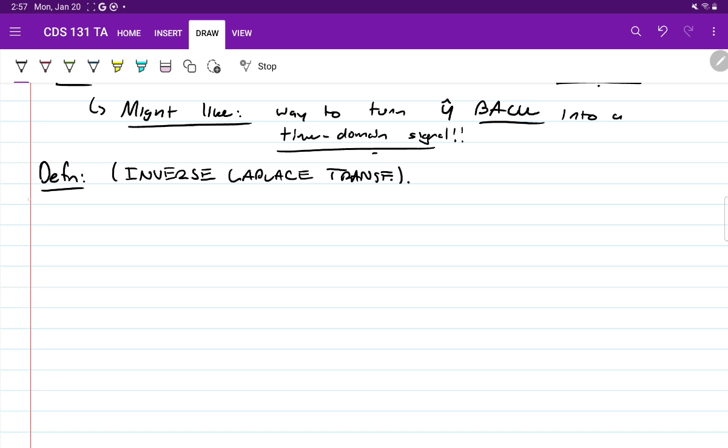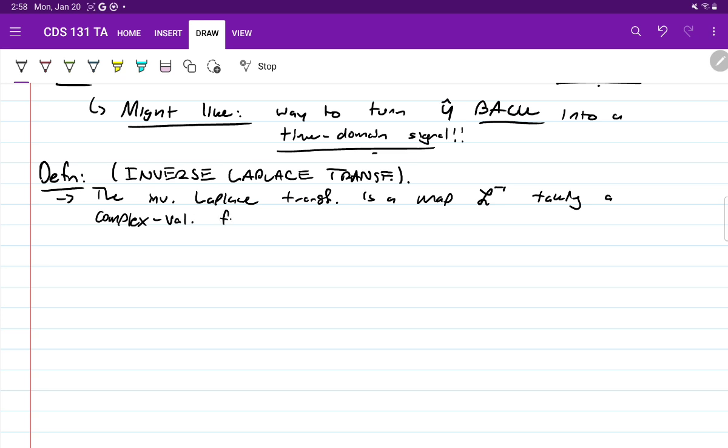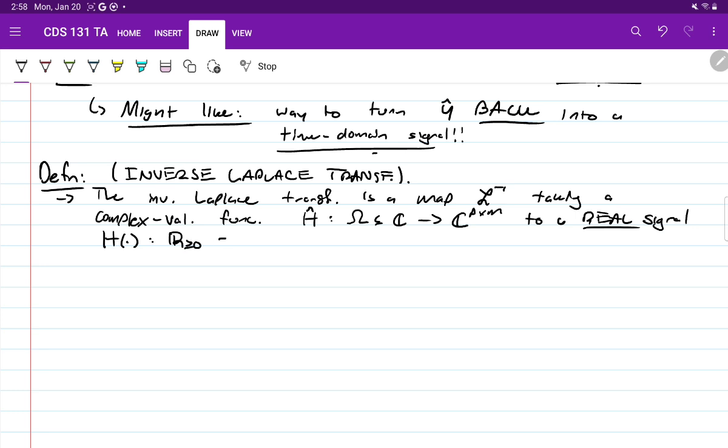Okay, so the basic idea is the following. The inverse Laplace transform is a map L inverse, just because it's the inverse of L. What this does is take a complex valued function, which I'll call h hat, not necessarily my transfer function, just some complex valued function h hat from omega subset C into C^(p by m), to a real signal h, which goes from R greater than or equal to 0 into R^(p by m).